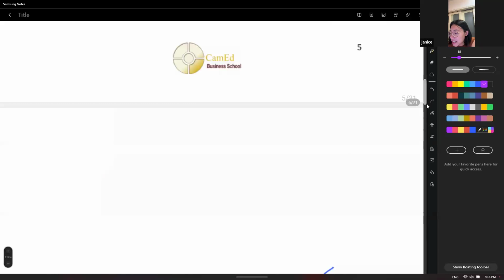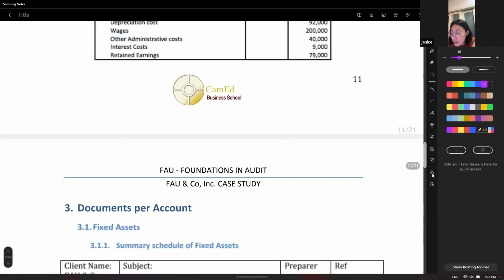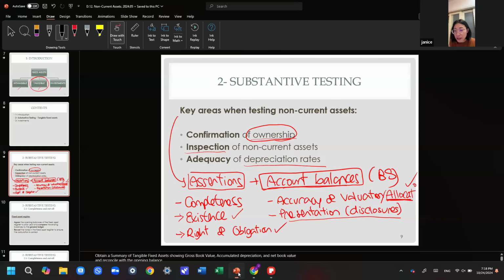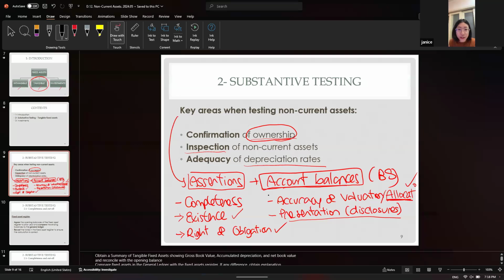So let's continue. All right. So right now we have verified all the assertions. We verify the existence by doing the inspection of the items itself. We look at the registration document for the ownership of the cars.